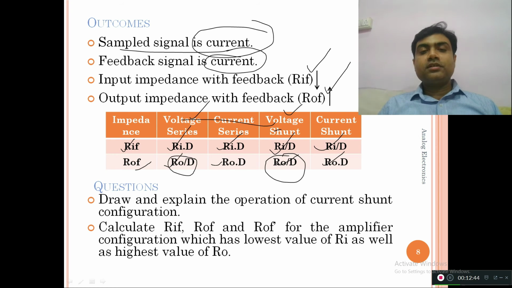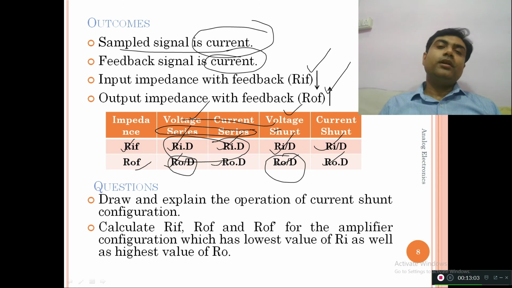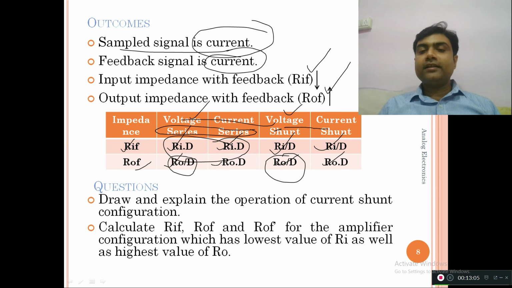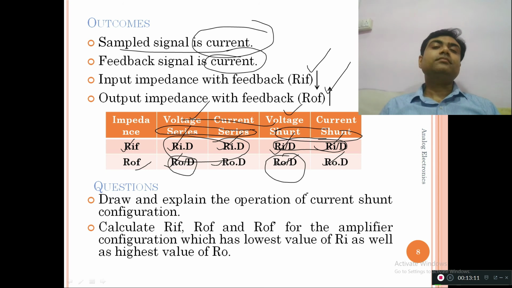Similarly, talking about the input impedance, these two are series mixing and these two are shunt mixing, and you can see when we mix the feedback element, whether it is in the form of current or voltage, that does not matter. So when we do the series mixing, Ri is definitely going to be increased, and if you apply the shunt mixing, Ri is definitely going to be decreased.